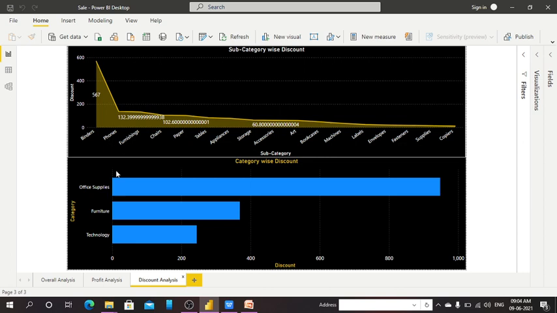Next I am analyzing the category-wise discount. The office supplies category has a very good discount, and the technology category has very little discount.